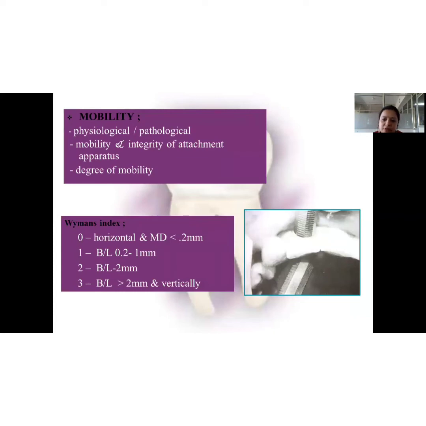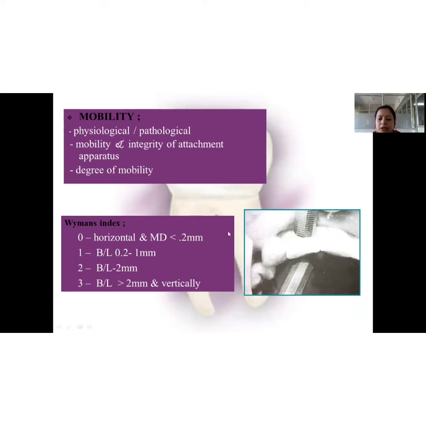Mobility is also a sign of pathology, but in pediatric patients, according to age, we need to judge mobility carefully because there is physiological mobility also in primary teeth. So mobility can be physiological or pathological. Mobility, the integrity of the fiber attachment, and the degree of mobility should be checked.